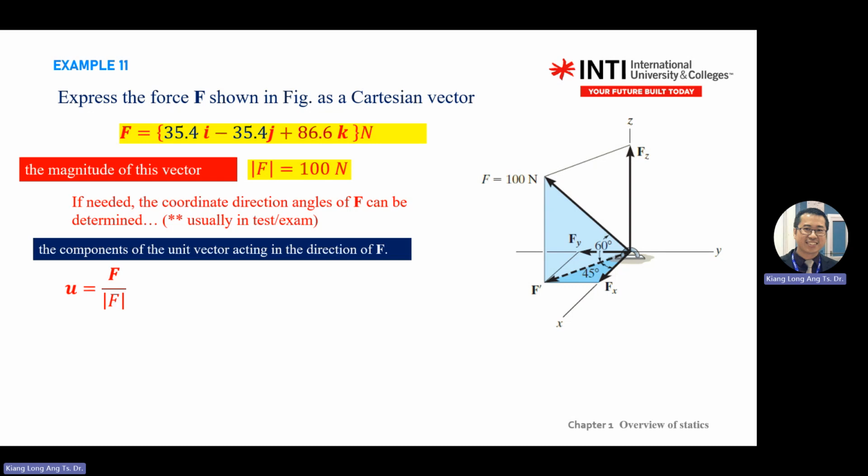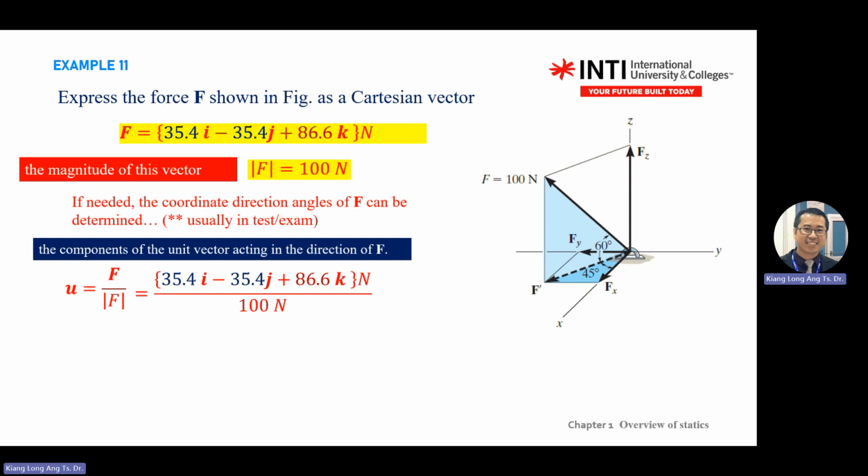Start with u equal to F divided by magnitude of F, meaning vector divided by magnitude. So put in the answer from the previous one, put here. Magnitude already found just now. This one divided by this one becomes the x. This one divided by this one becomes the y.